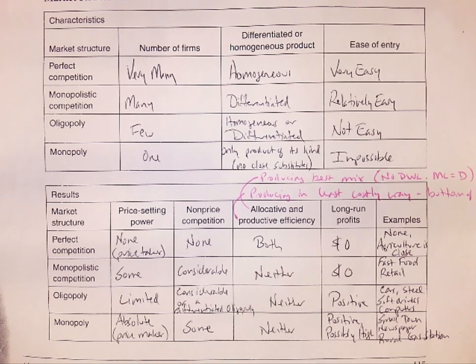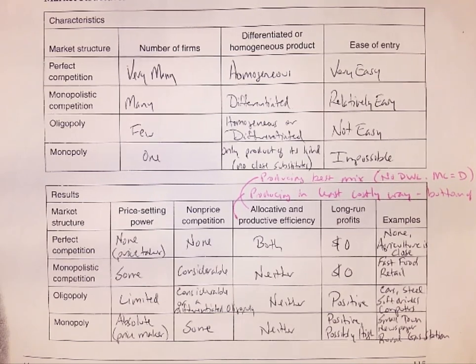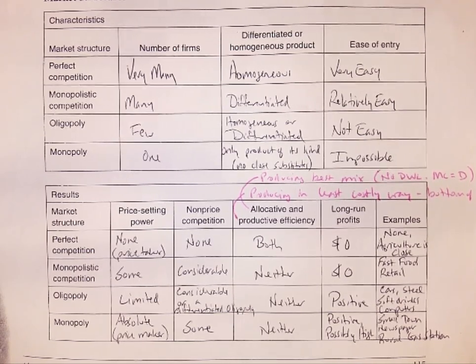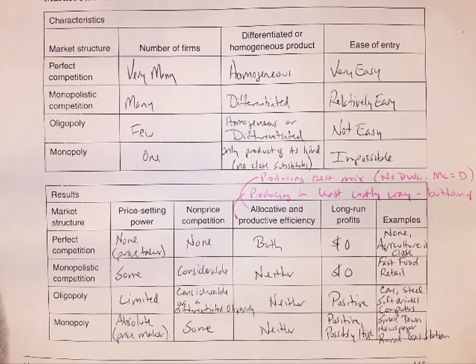And if you look at examples, perfect competition, probably the best example is agriculture. Wheat is wheat is wheat, milk is milk is milk. If you can't tell the difference because it's just going to get turned into something else, then that's our perfectly competitive firms. They kind of just do all the same thing, and then they can't really set the price because they have to take the market price as theirs, whatever that might be.